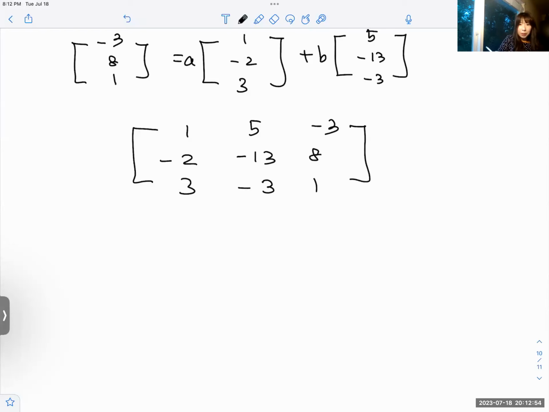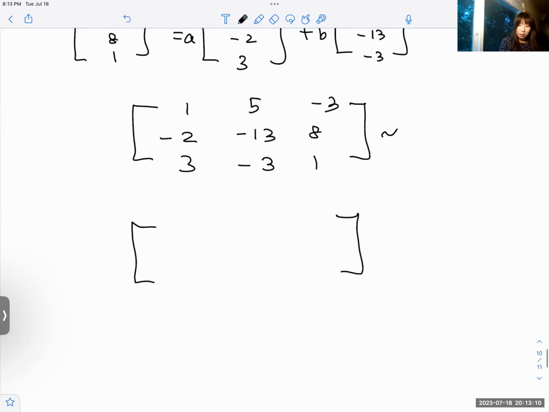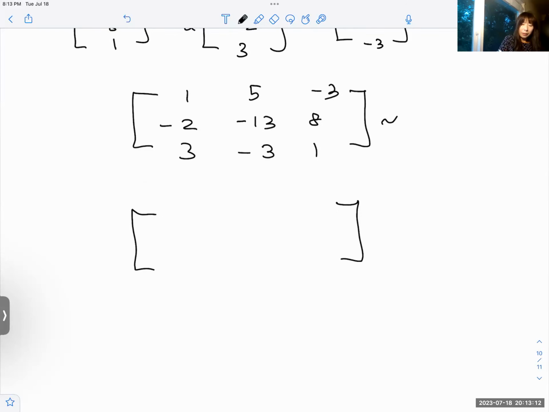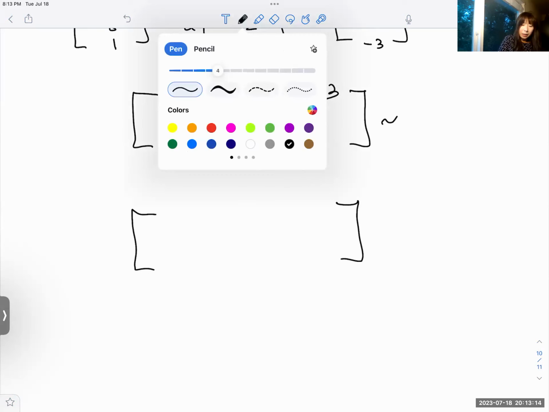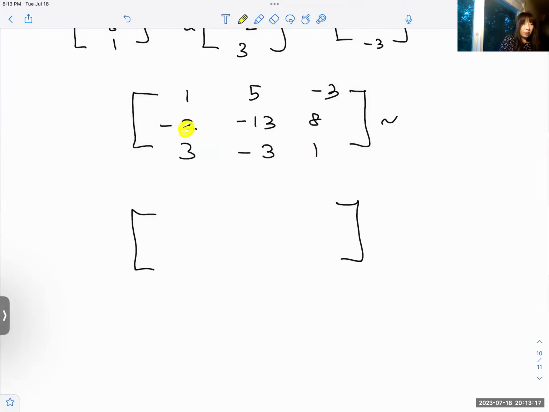Okay, so this will be, are you sure? Yes, I see what you meant. Correct. So we have to make a 0 here. What do you get? Yeah, add to row 1.